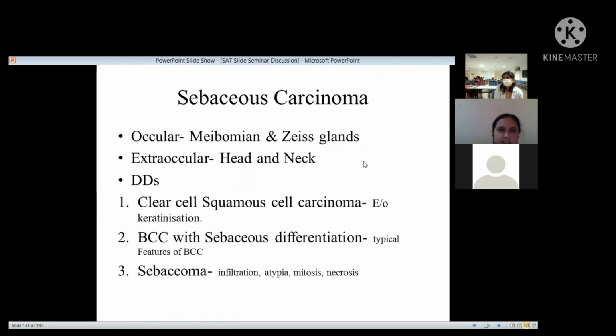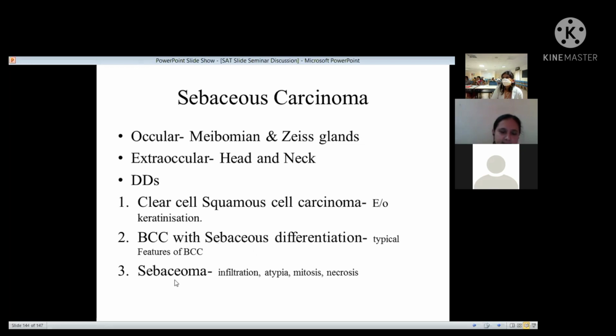The sebaceous carcinomas of the eyelid are very aggressive, and they arise from the meibomian glands. The close differentials are, as you said, clear cell squamous cell carcinoma, which shows evidence of keratinization, and BCCs, of course, which have the typical features of BCCs. But in any of these tumors, we don't find these classical foamy cells.